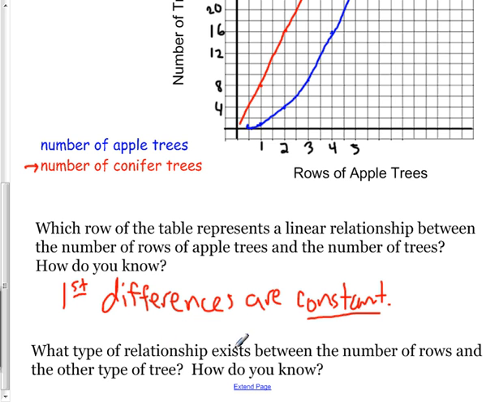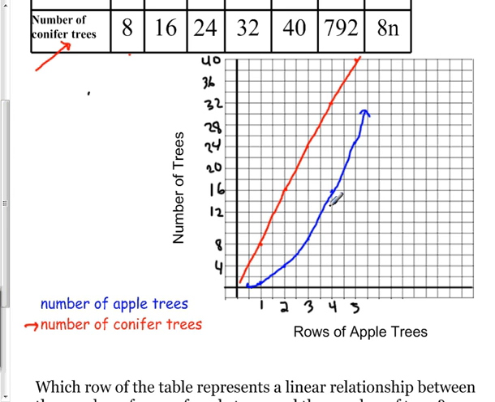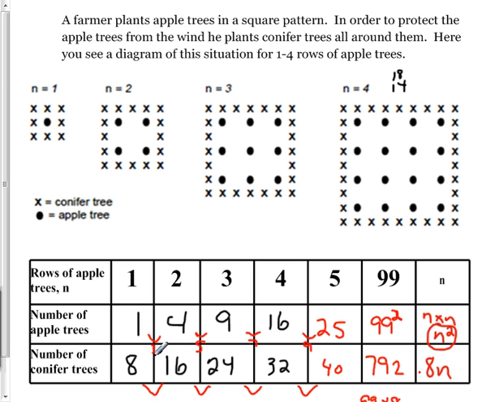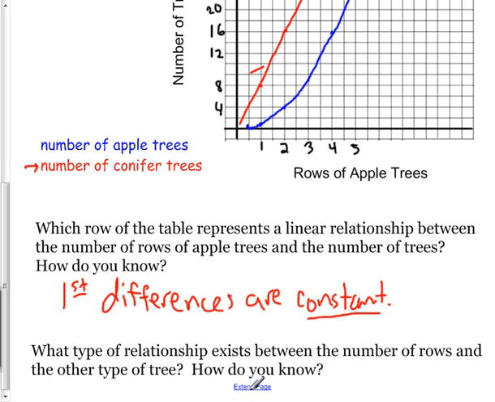Okay, what type of relationship exists between the number of rows of the other type of tree? So now we're looking at the number of apple trees. What kind of relationship is this? And it's a curved relationship, but what type of curve is it? So for this one, we're going to look back at the table, and if you notice, the second differences went up by 2. The second differences were constant. They were a constant 2. And what that tells us, if the second differences are constant, is that you're dealing with a quadratic type of equation.